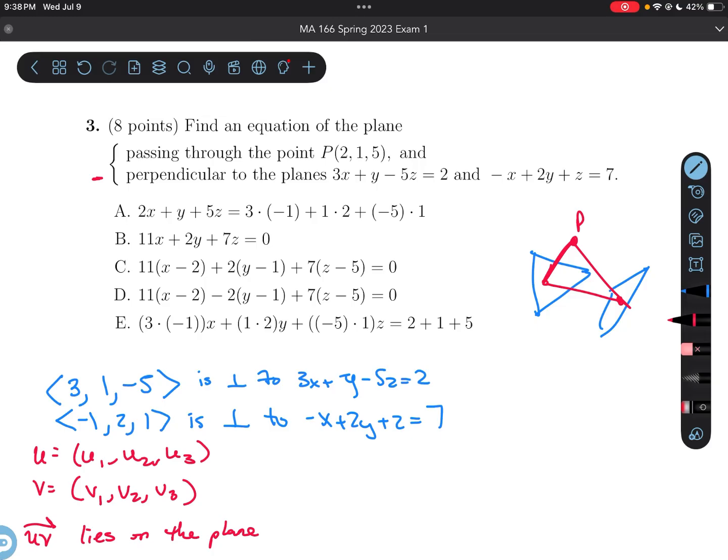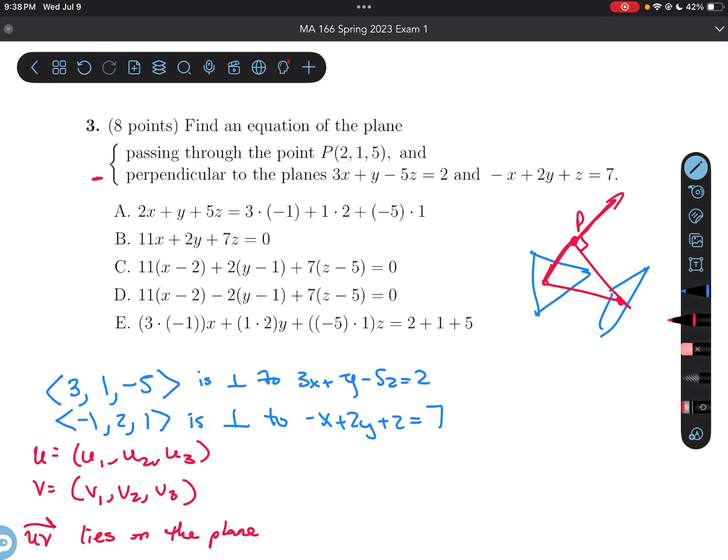Suppose this third plane has a vector that is perpendicular to this red plane over here.